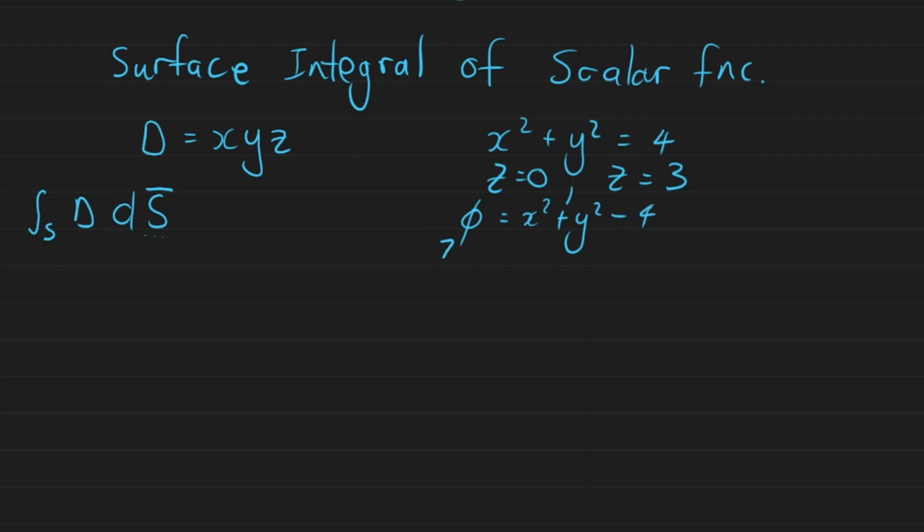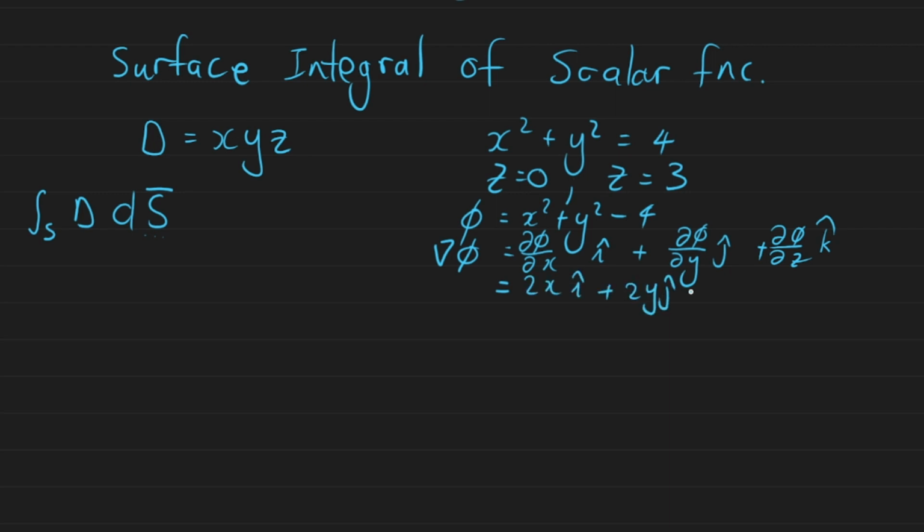The gradient vector, or grad, is the derivative with respect to x in the i direction, the derivative with respect to y in the j direction, and with respect to z in the k direction. If we do that, the gradient vector simply becomes 2x times i plus 2y times j. There is no k component.